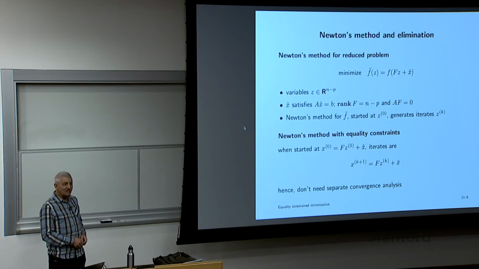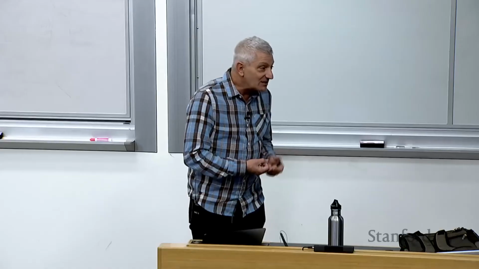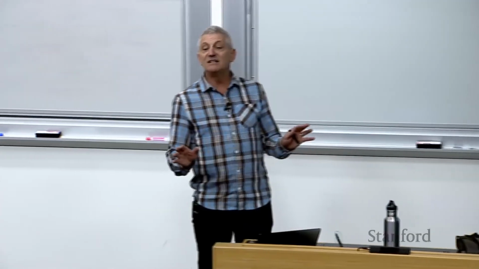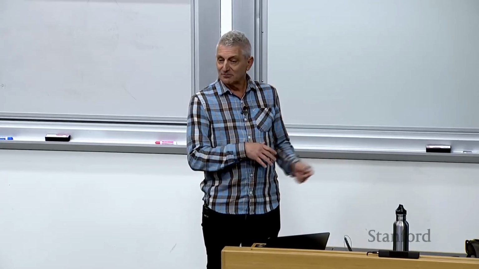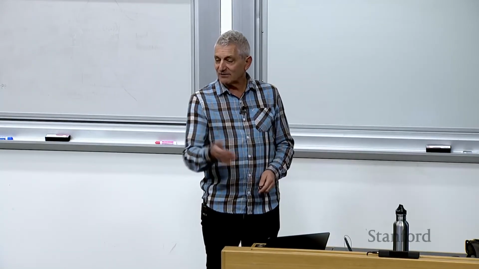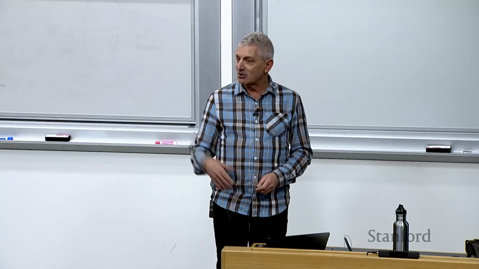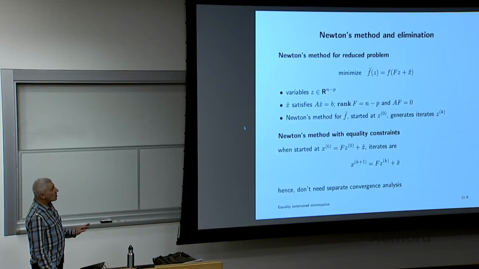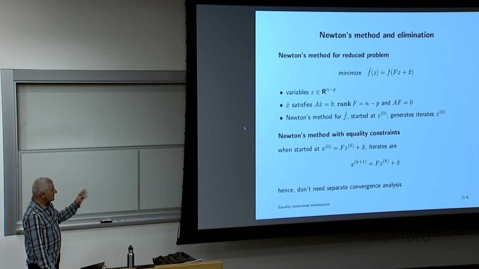Absolutely, the iterates are identical, the primal iterates, the dual iterates, the lambda is the same. So that means we can pull in the proof of convergence from last lecture. So that's all we need. We're not going to talk about whether it converges. The answer is yes, it does.